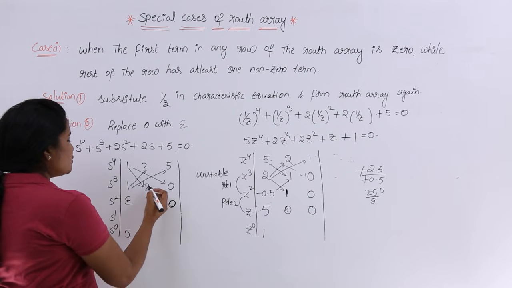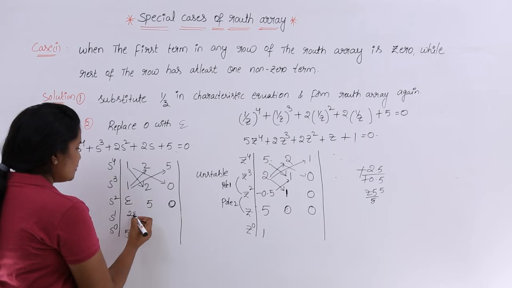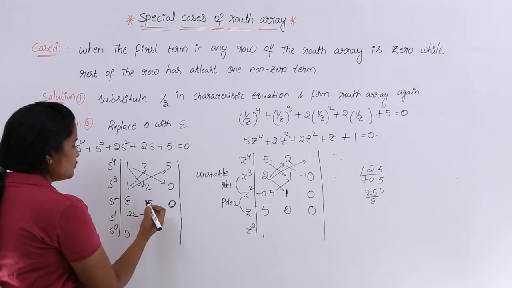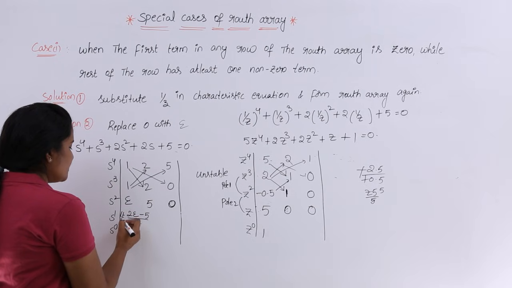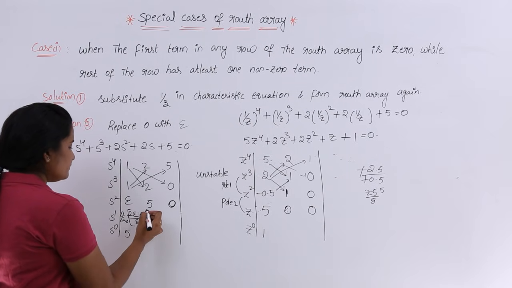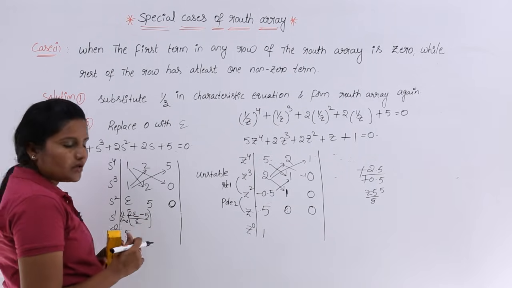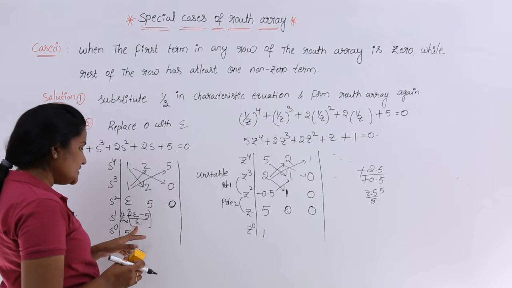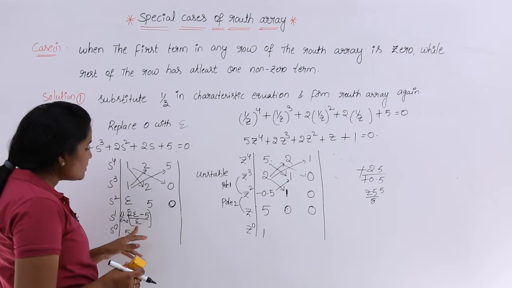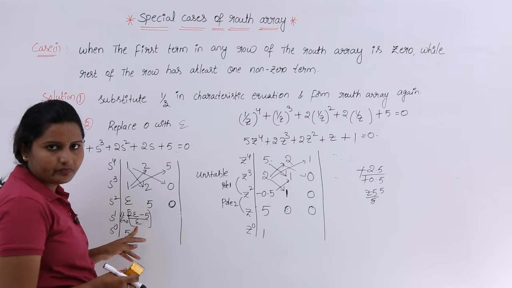So now 2 sigma minus 1 into 5 divided by sigma, with limit sigma tending to 0 that we need to consider. Now if you consider this, you are going to get minus infinity here.